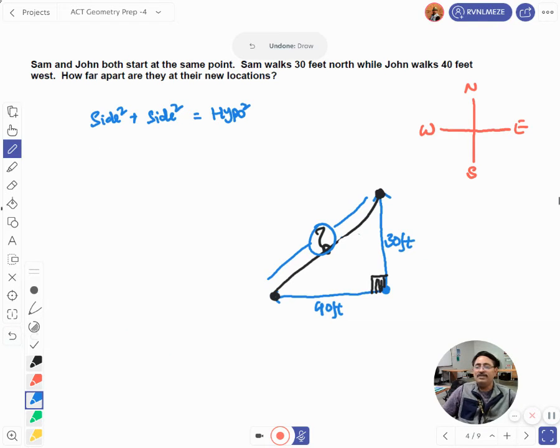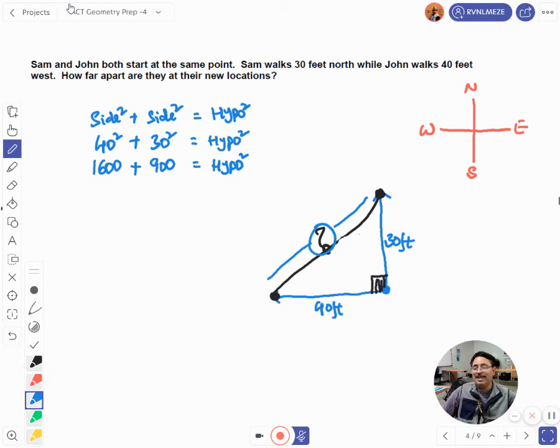Therefore, 40 square plus 30 square equals hypotenuse square. 40 square means 40 times 40. Please don't get confused. It is not 40 times 2, it is 40 times 40. That gives me 1600 plus what is 30 square? 30 square means 30 times 30. That gives me 900 equals hypotenuse square.